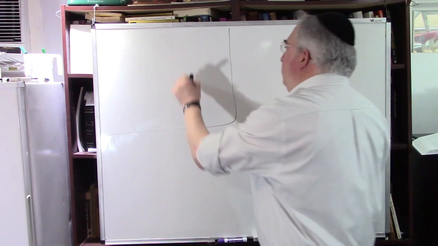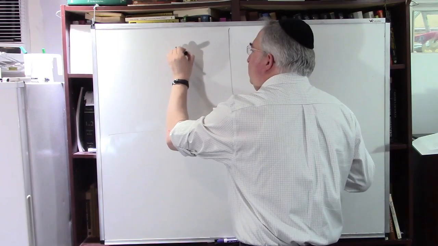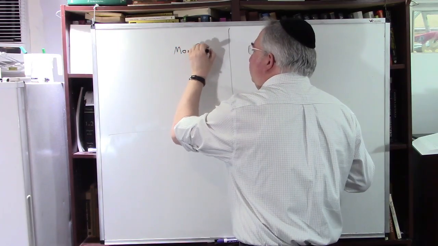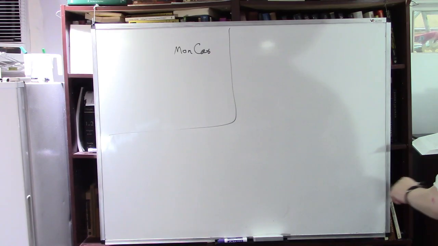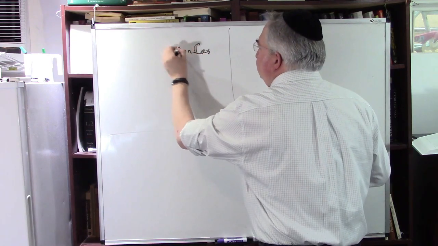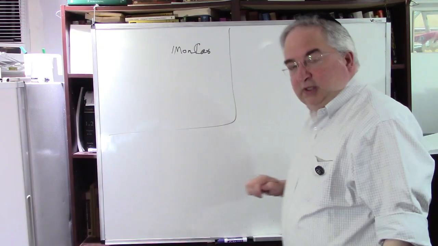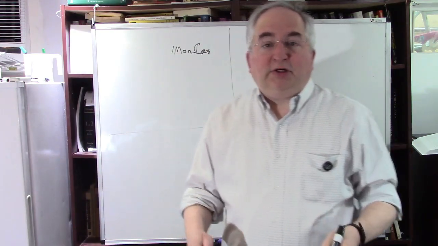So we have monoidal categories. I'm trying to keep up with the way I call it in the book. Let's just say what the objects are. The objects are monoidal categories, and the morphisms are monoidal functors.